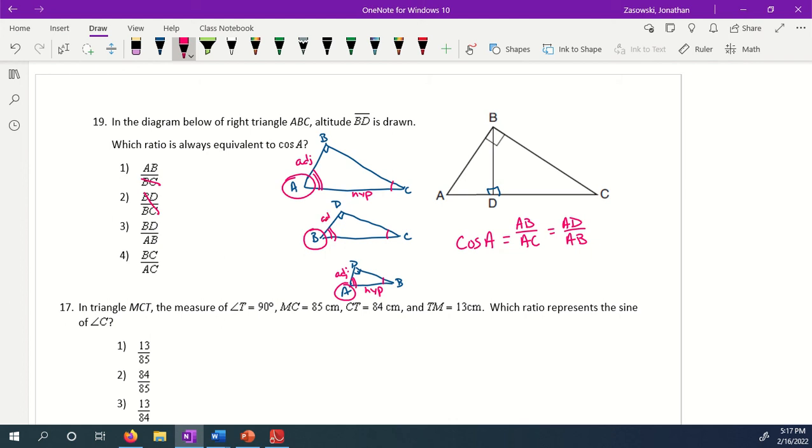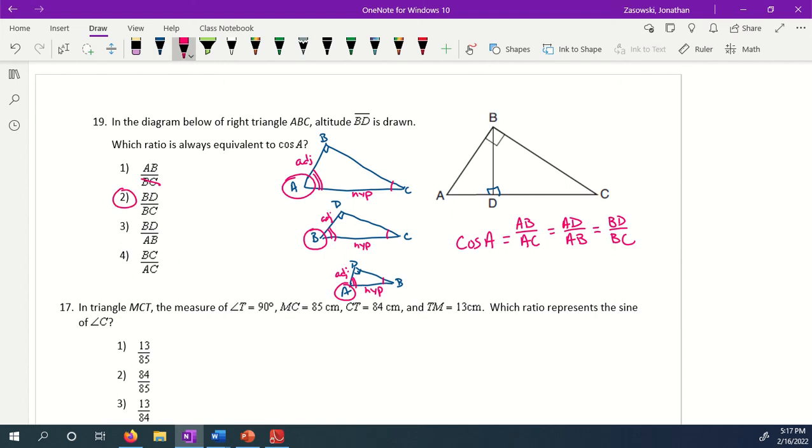So this side is also, took me a second here to catch this one, would also be true. And the cosine of angle A is also equal to the cosine of this angle B and the cosine of this angle A, which means it's also equal to BD over BC. And so even though we said these weren't included originally, this one is. And so this would be our answer.